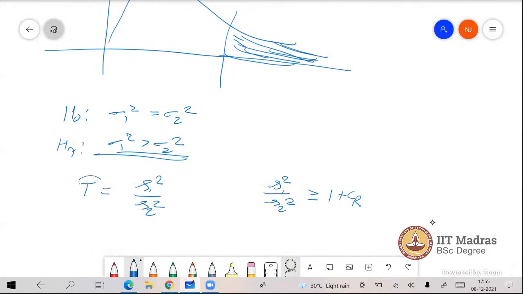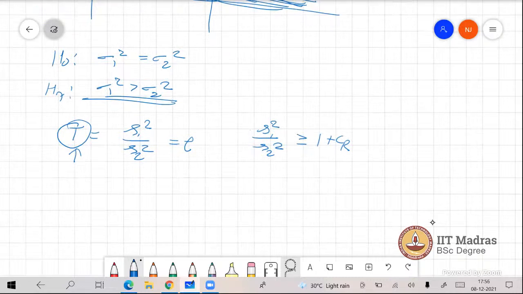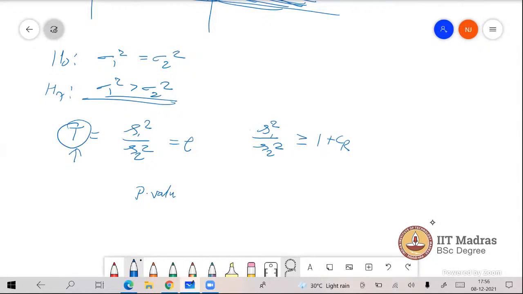So you have observed, let's say, a value of the test statistic as t, small t. Now the p value will be just the probability that s1 square upon s2 square is greater than that t. That's it.